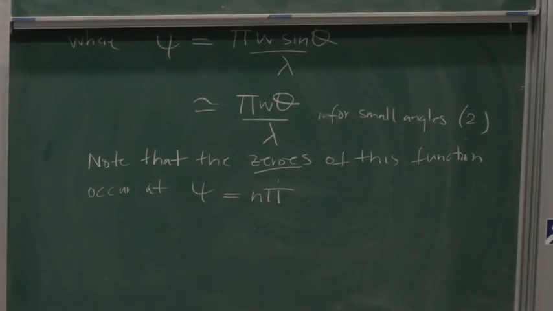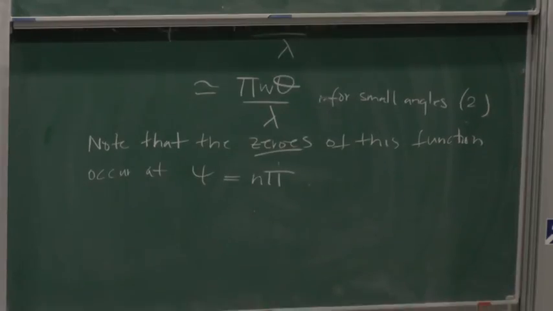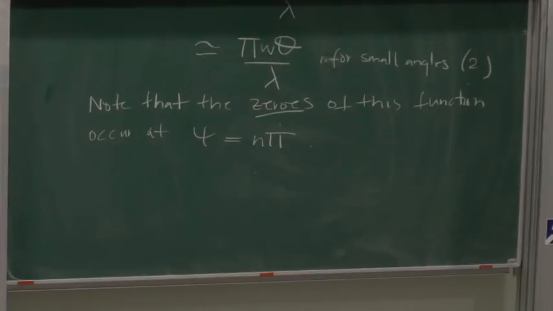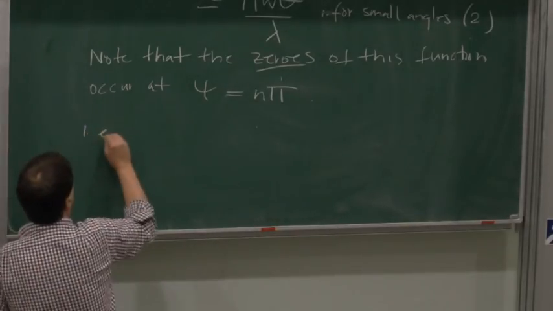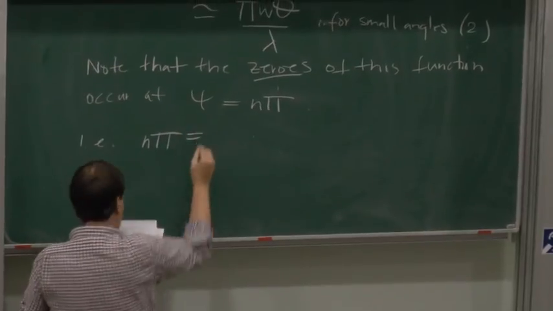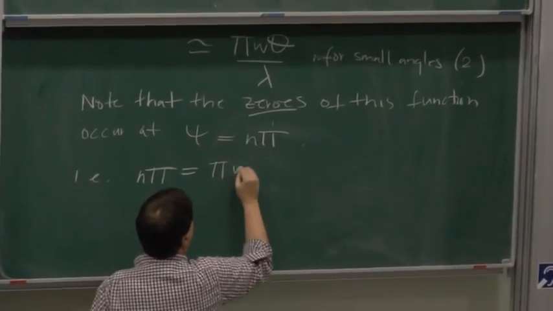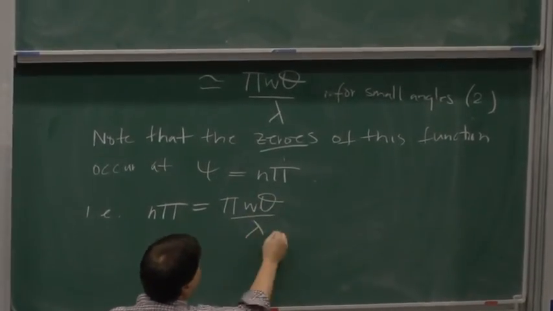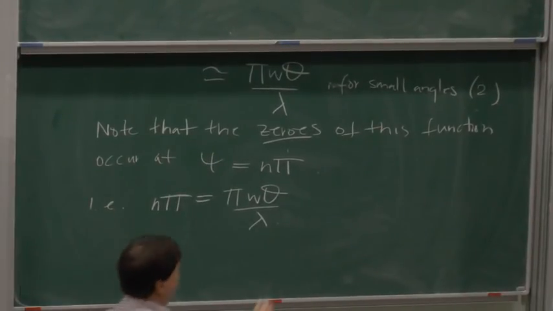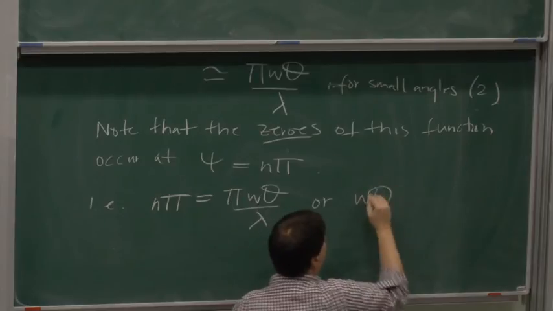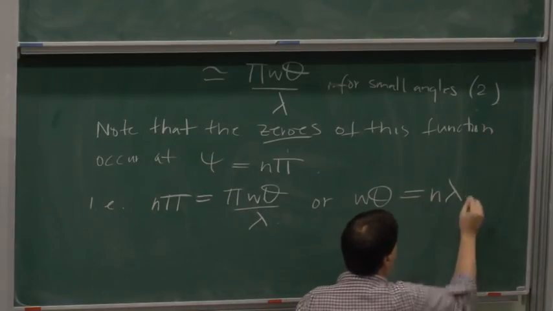So, in other words, where do we find zeros of the sinc function? We find zeros of, let's move these up a bit so they're all hopefully visible at the same time, i.e. n pi is equal to pi w theta over lambda. I'm just using equation 2, or w theta is n lambda.